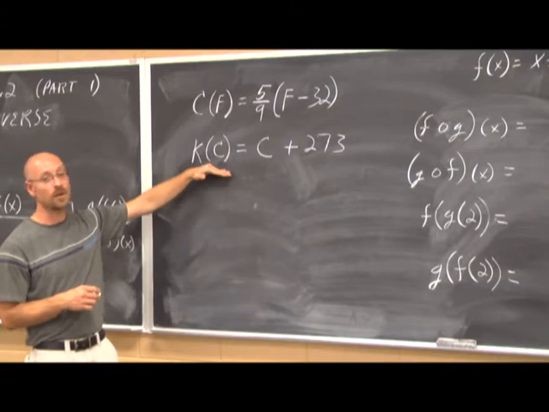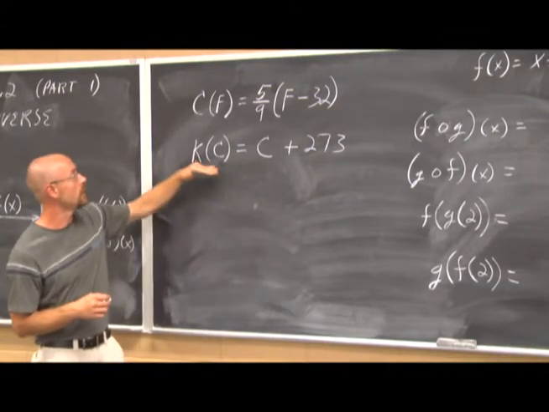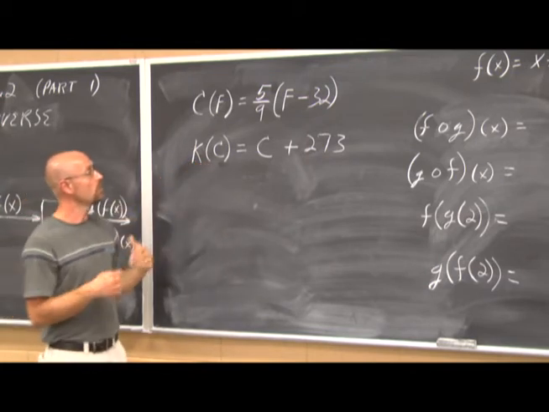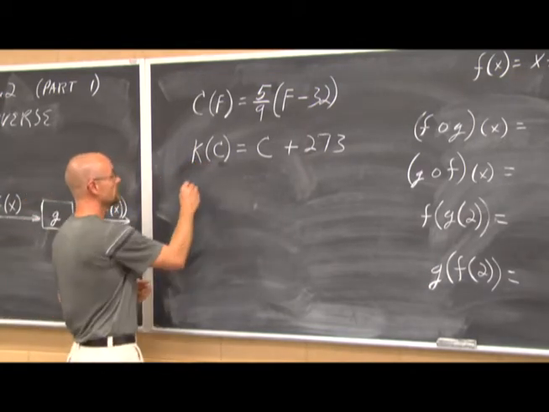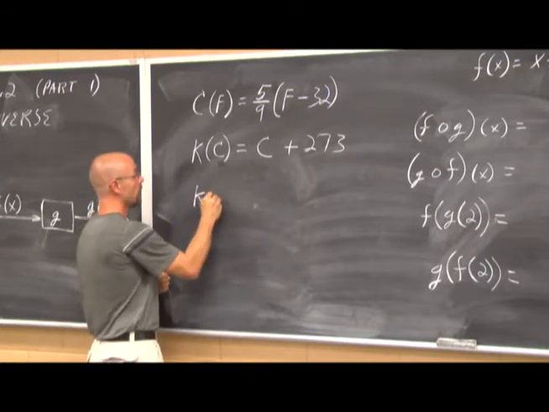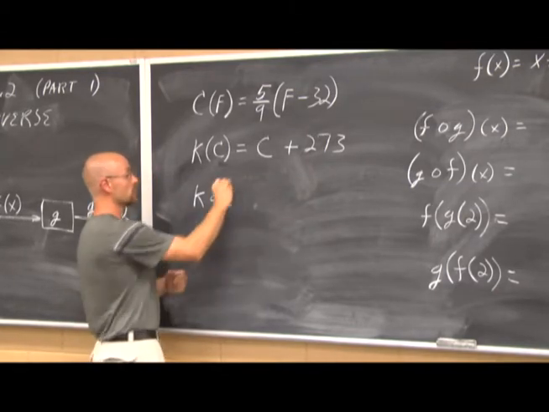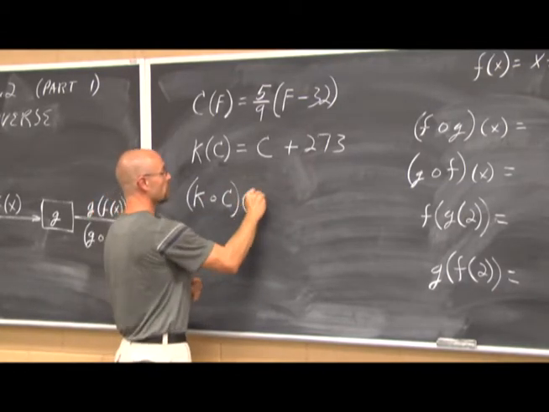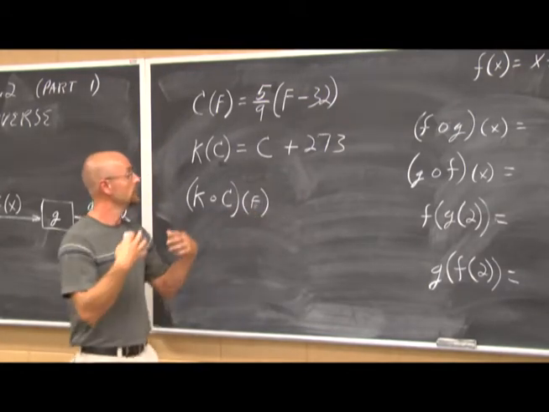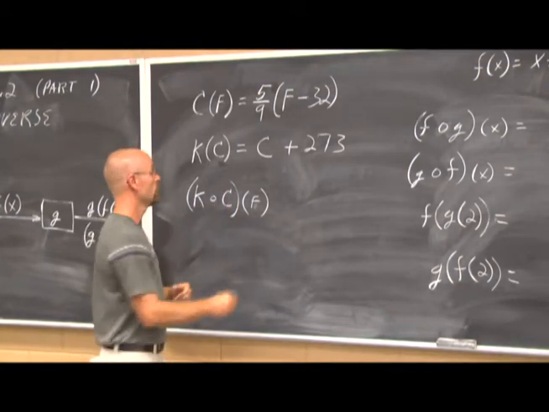So we have two different functions here. But my goal is to have one input to get an output in Kelvin. So this is my goal. So what can I do here? Well, I can take my Kelvin function and I can evaluate it for my C function, where my input is actually F. So if I'm giving a temperature in Fahrenheit, my end result will be in Kelvin, my goal.